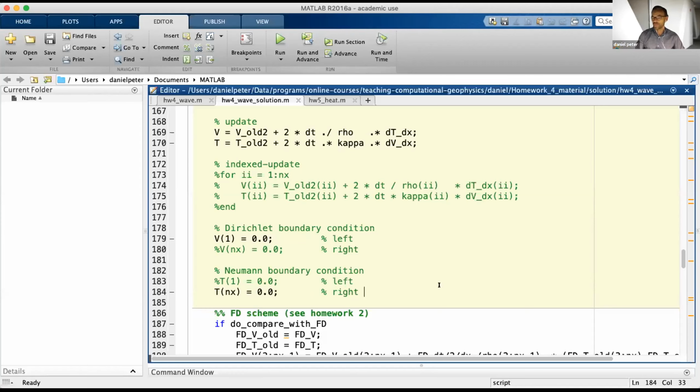And that's an issue with the pseudospectral method using the Fourier transform. It's not easy to impose a boundary condition for that method. It can lead to instabilities.